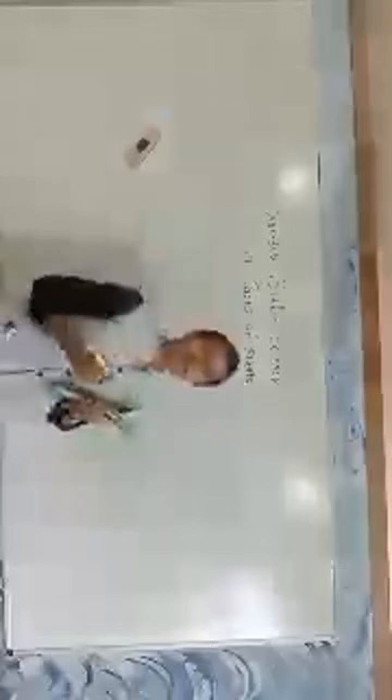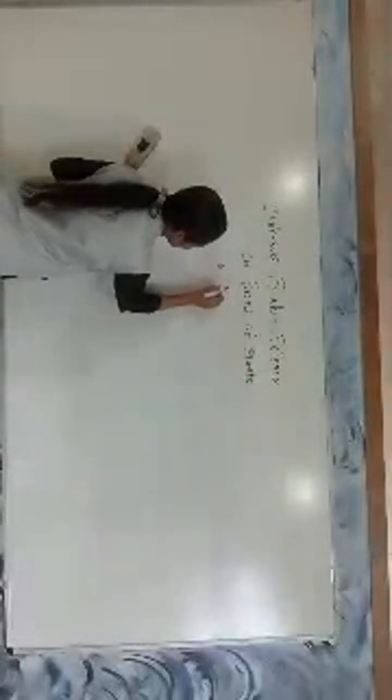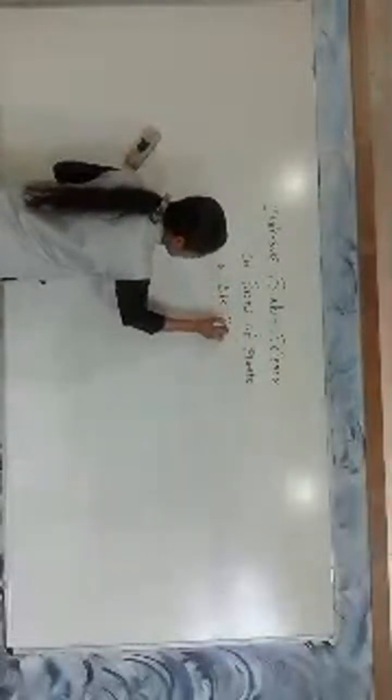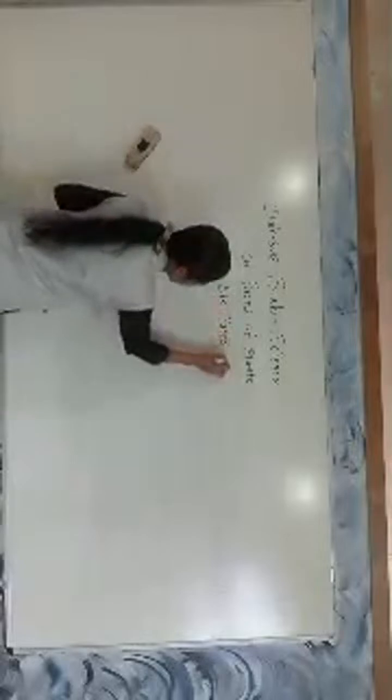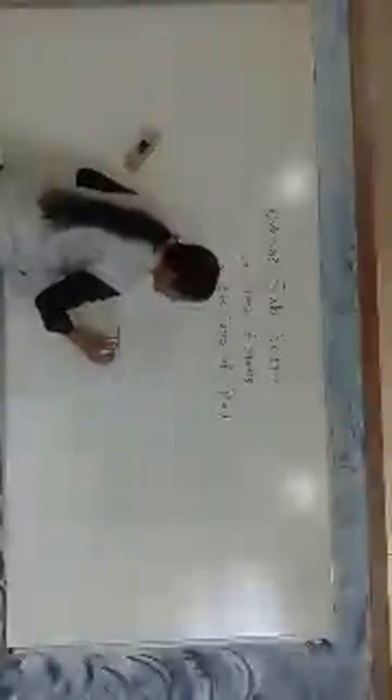And how many parts of plants are there? There are 6 parts of plants. First is roots, which grow under the ground.